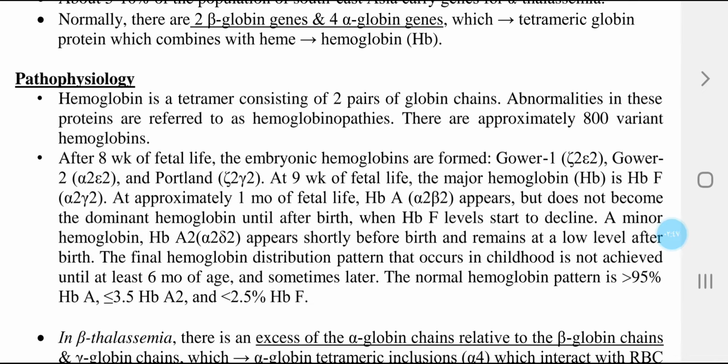In the normal pattern, more than 95% is hemoglobin A, 3.5% or less is hemoglobin A2, and less than 2.5% is hemoglobin F.